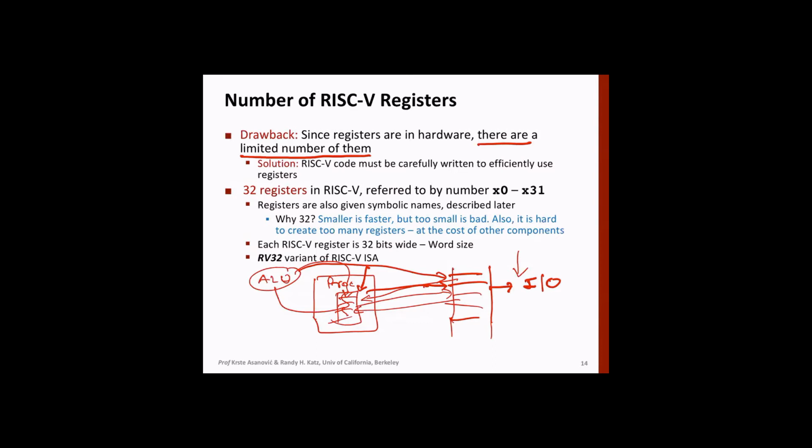Okay, so we have 32 registers that we have discussed earlier. Now these are numbered X0 to X31. So the registers inside here go from X0 to X31, and each register size is also 32 bits. Everything that we are going to deal with here is 32 bits.